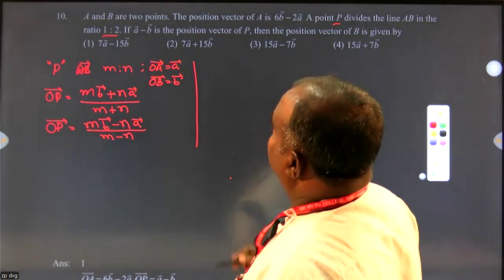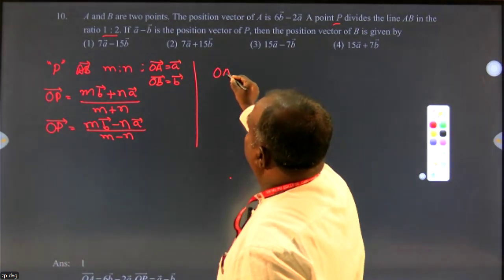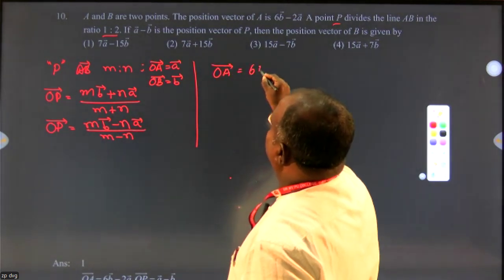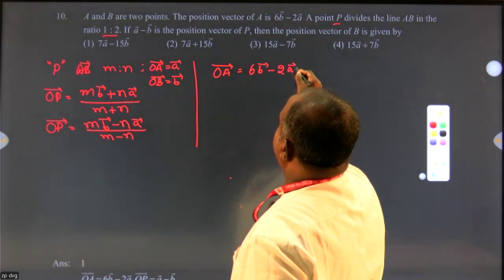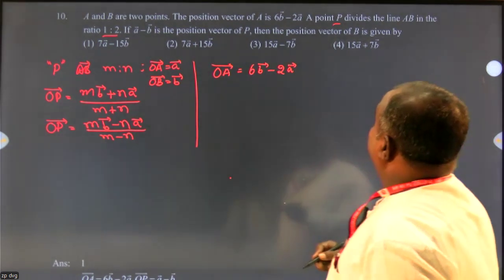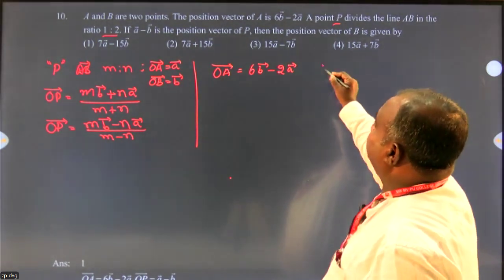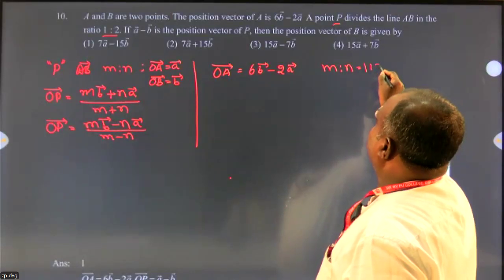Now, here it is given the position vector of A, that means OA bar is given. OA bar is equal to 6B bar minus 2A bar. And a point P divides AB in the ratio 1:2, that means M is to N is equal to 1:2.